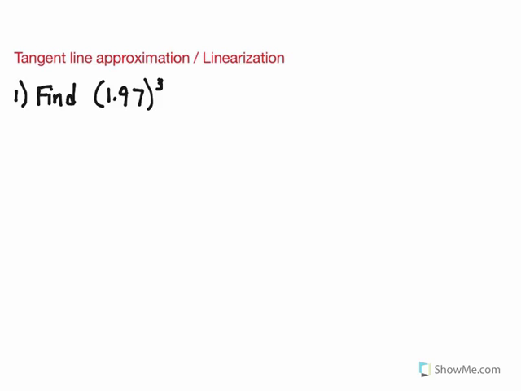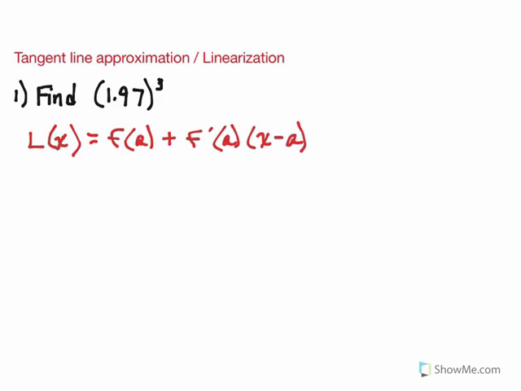If you think about our linear approximation model, recall that it goes L of x is equal to f of a plus f prime of a times the quantity x minus a. Now, we need to determine what the function is we want to use for the basis of this linearization, as well as the a value that we're going to target.